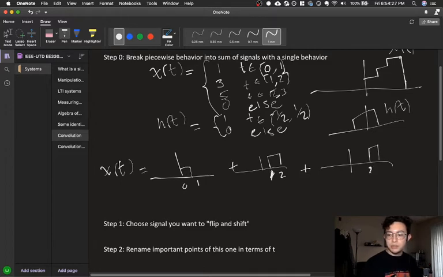And this is from 2 to 3. Right, because we can just separate all of these different boxes. So we have these 3 x's. And then we can use the distributive property of convolution in order to convolve it with our h, which is just going to be one box.